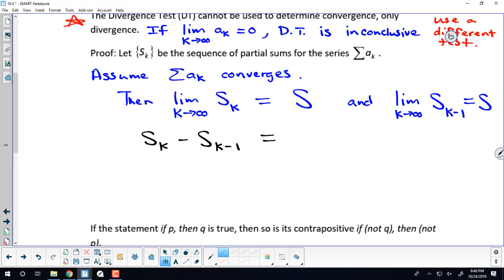For any given series, what's the fourth partial sum minus the third partial sum? That should be the fourth term of the series. So s sub k minus s sub k minus 1 would give us just the kth term of the series.